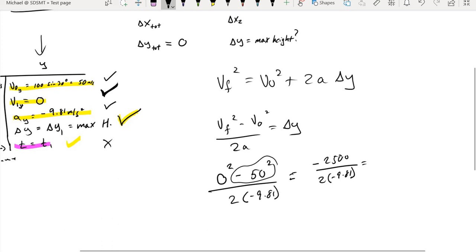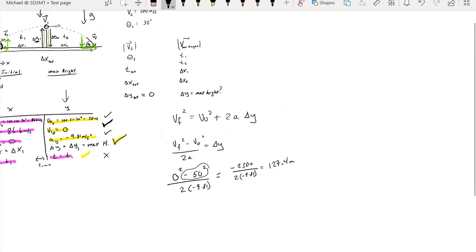And that is what we want. And I am getting, let's see here, 127.4 meters for the maximum height. And I'll just double check my answer here. Yep, that looks correct.